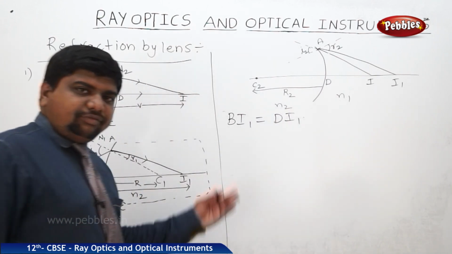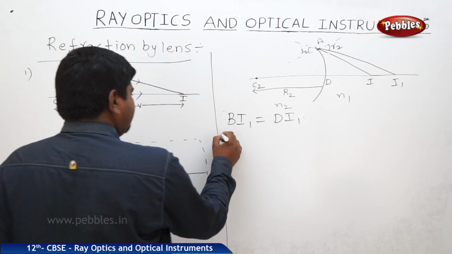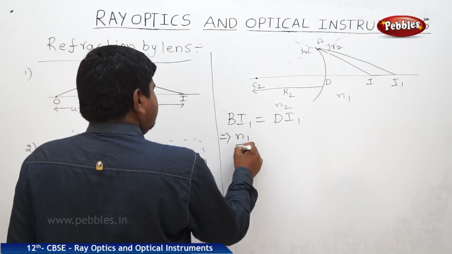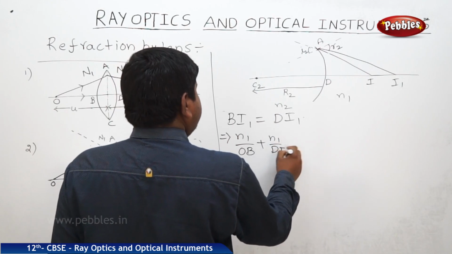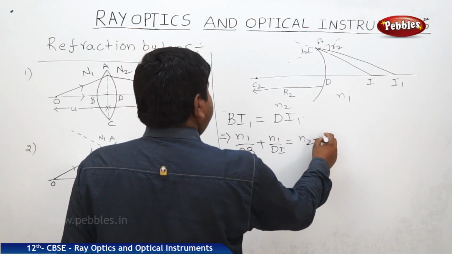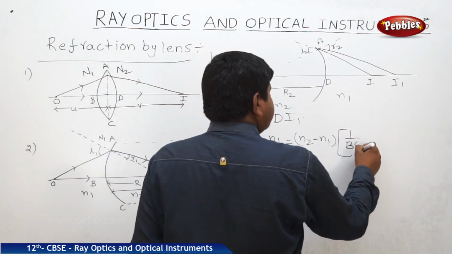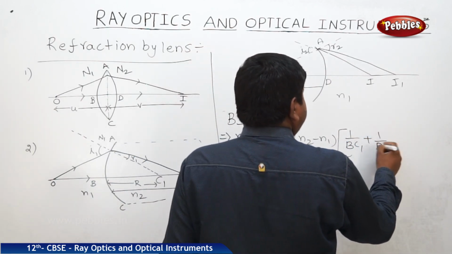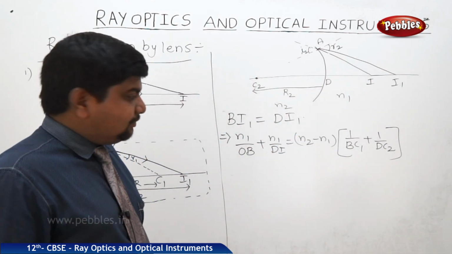That's why, adding equations 1 and 2, we will get the form like this: n1 by OB plus n1 by DI is equal to n2 minus n1 into 1 by BC1 plus 1 by DC2. So we are adding equation 1 and equation 2.